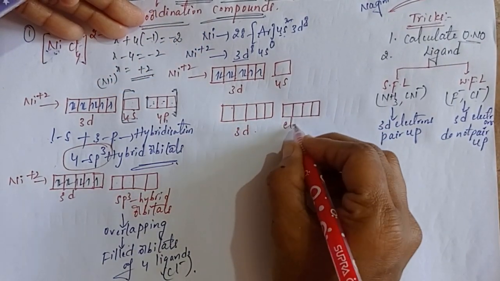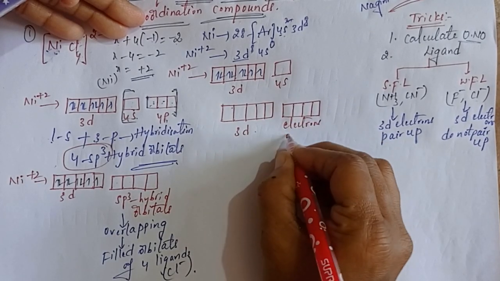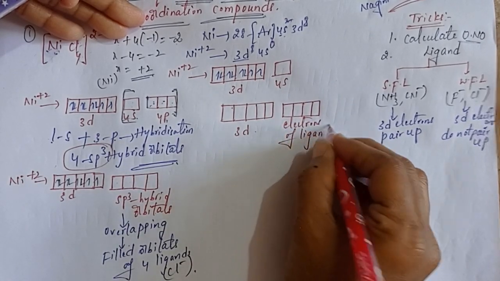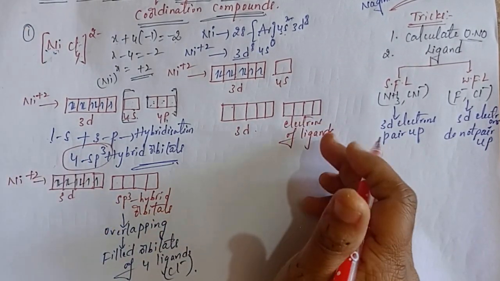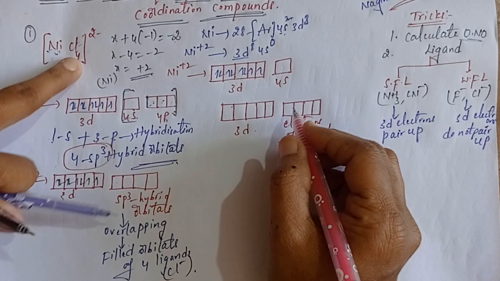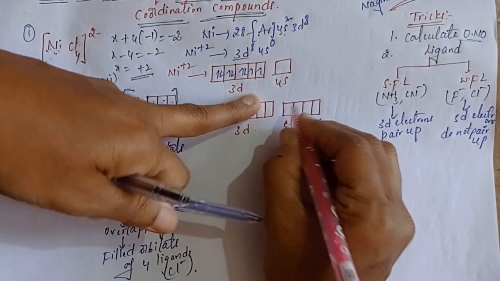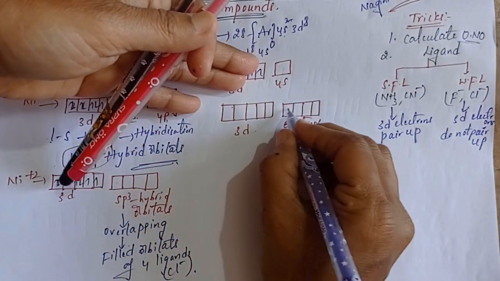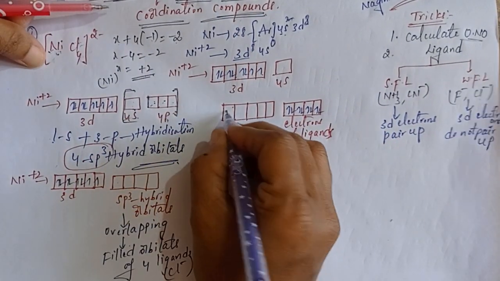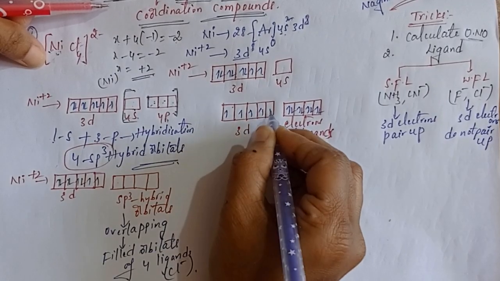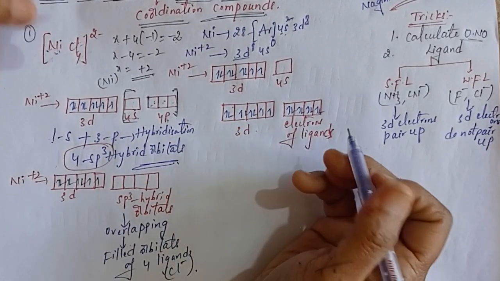Okay, these are electrons of ligands. These hybrid orbitals are filled with which electrons? Ligand electrons, because 4 ligands are donating 4 pairs. Okay, 4 pairs. So 1, 2, 3, 4. These 8 electrons you write as it is. 1, 2, 3, 4, 5, 6, 7, 8.